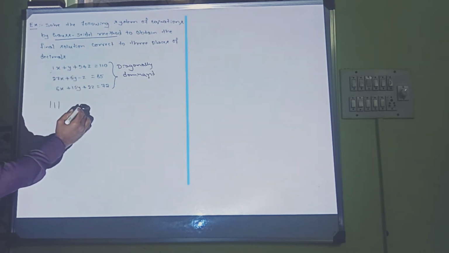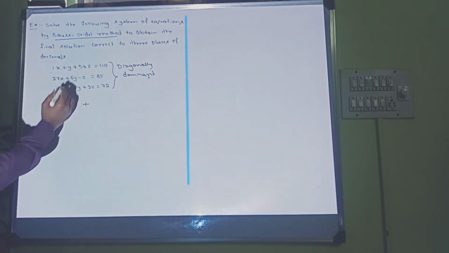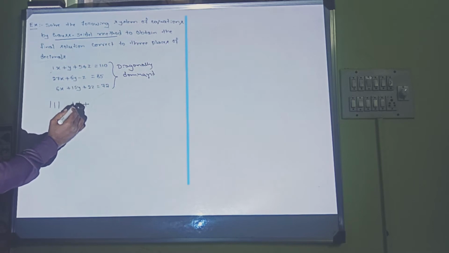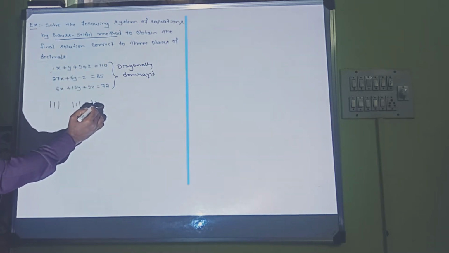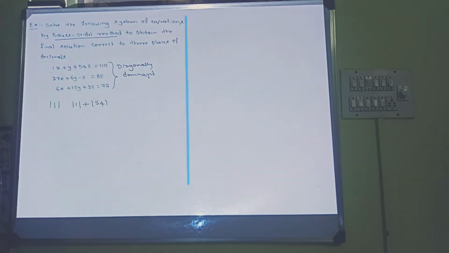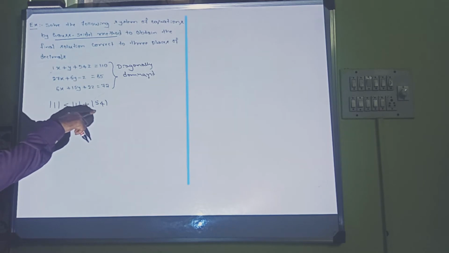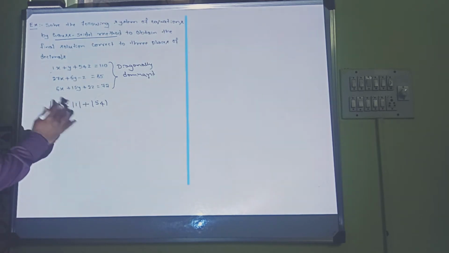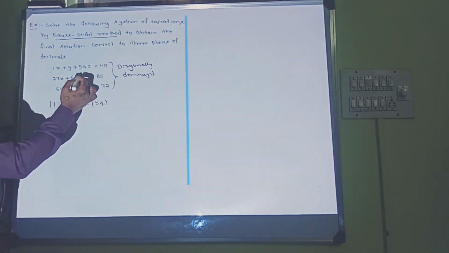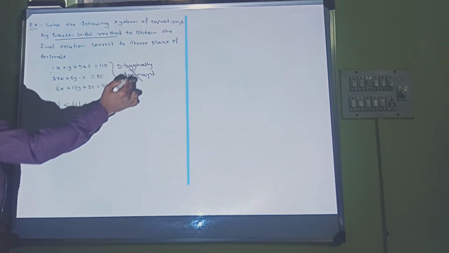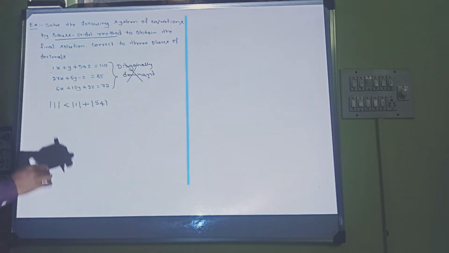Here when you add the absolute values of these two, that is the absolute value of 1 and the absolute value of 54, for sure 1 is less than the sum of these two. So the given system is not diagonally dominant.